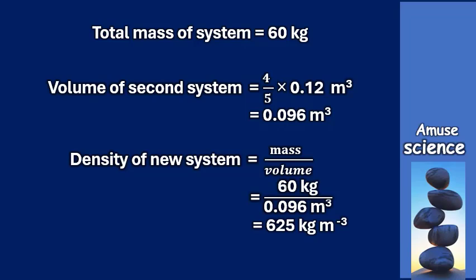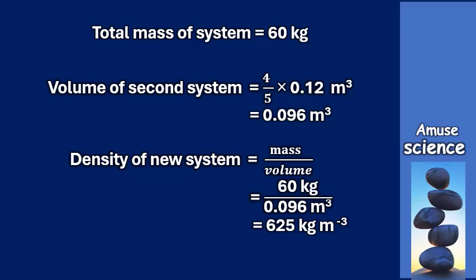So the density of the new system will be the mass of the system divided by the volume. Remember, the same mass of garden soil was put into the rectangular box, and the rectangular box, although it has a different volume, has the same mass, and so we are going to have 60 kilograms divided by 0.096 cubic meters. So when we do the computation, we are going to get 625 kilograms per cubic meter.